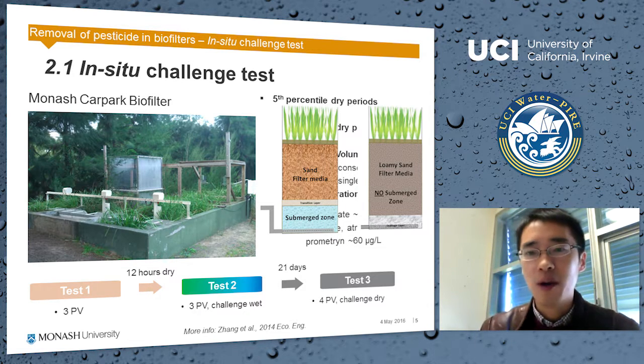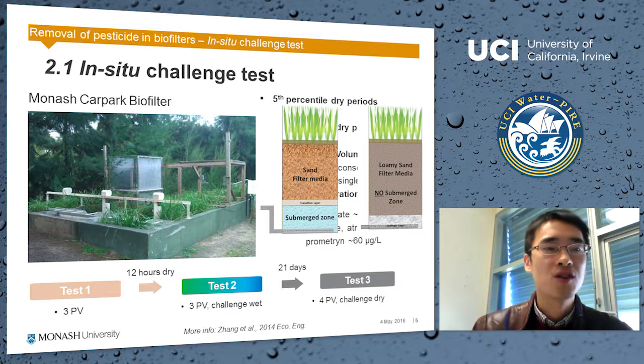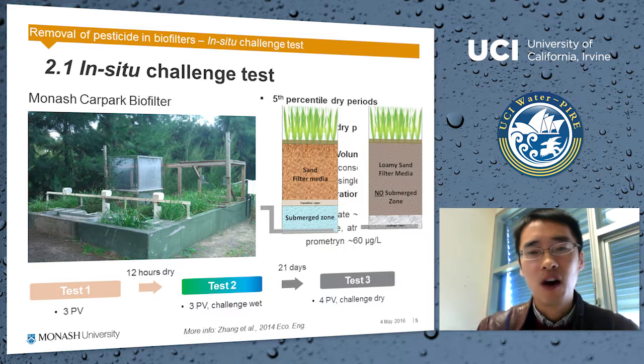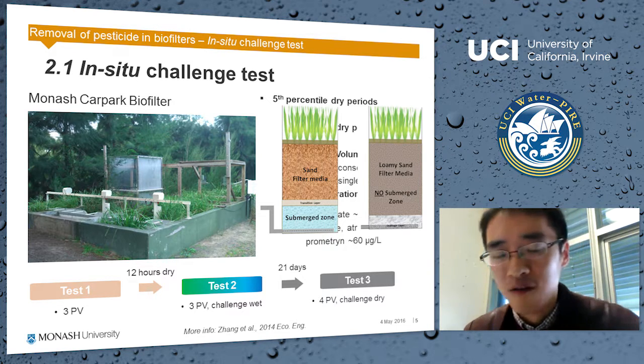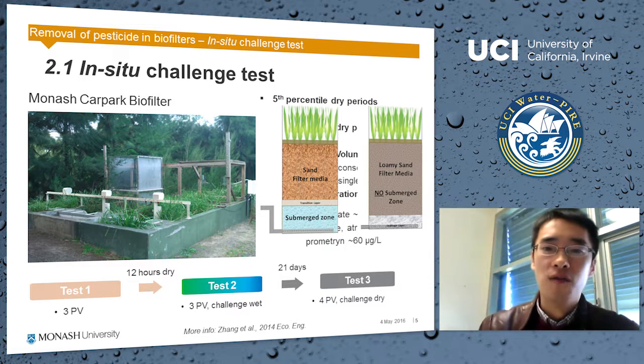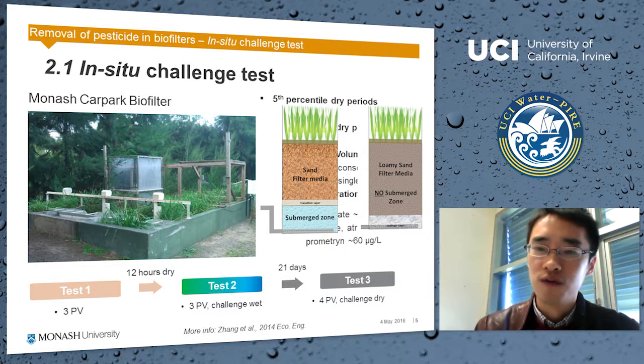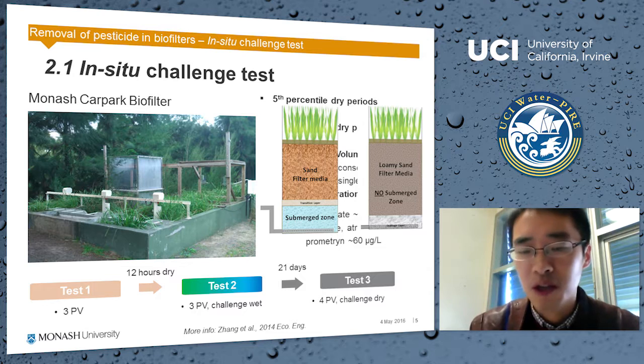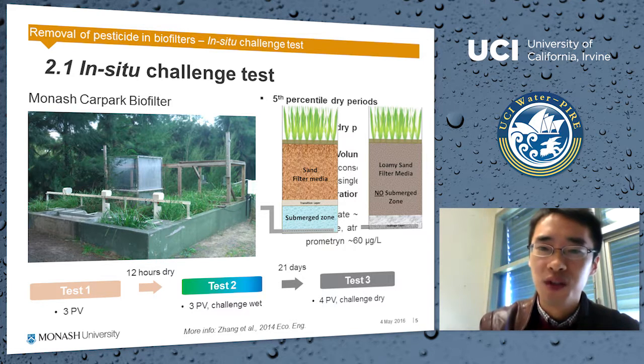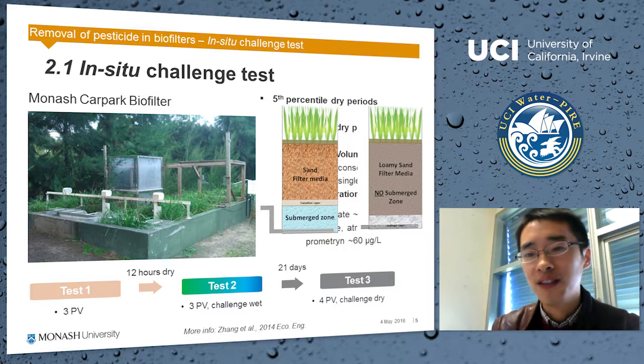The second dry period is 21 days, which is quite a challenging dry period as found in Melbourne. In terms of volumes, we dosed 3 pore volumes for the consecutive events, which means 2 events with a very short dry period, and 4 pore volumes for a single event.